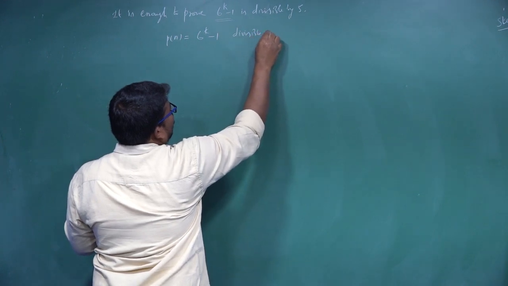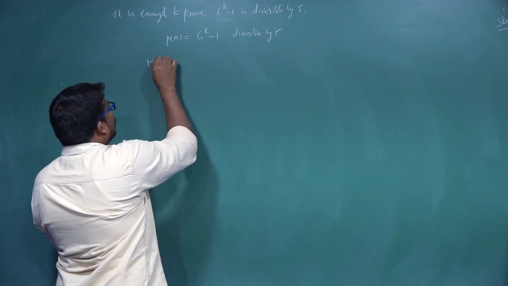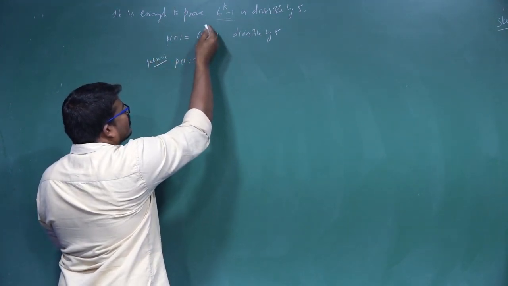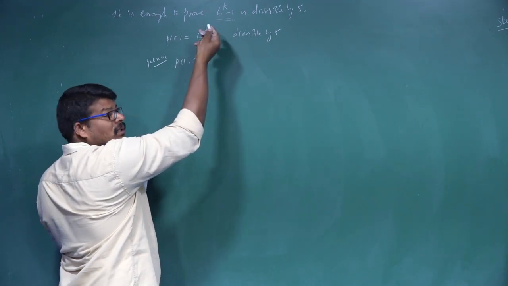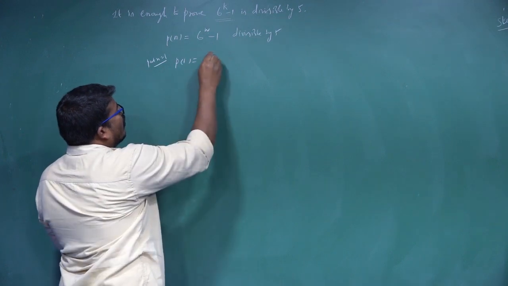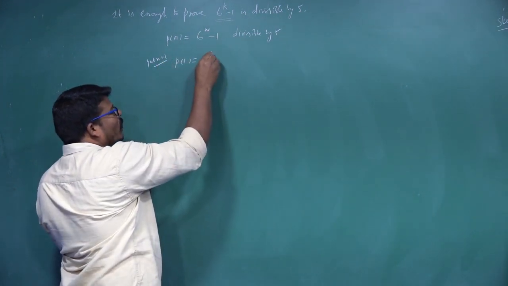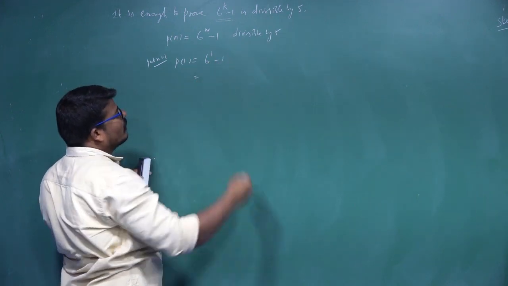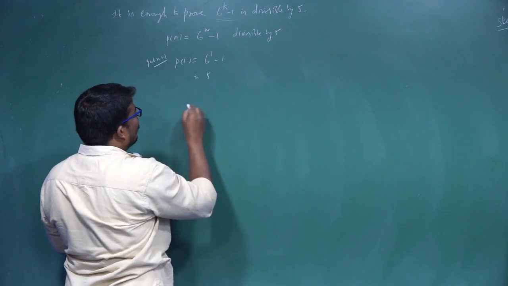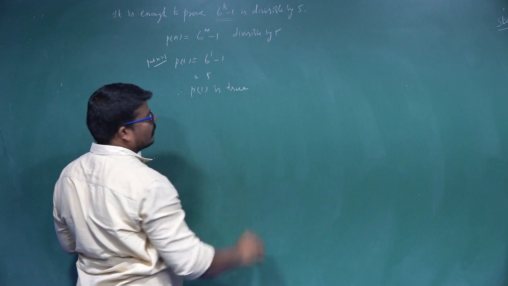Put the value n equal to 1: P of 1 is 6 power 1 minus 1. 6 power 1 is 6, 6 minus 1 is 5, and 5 is divisible by 5. Therefore P of 1 is true.